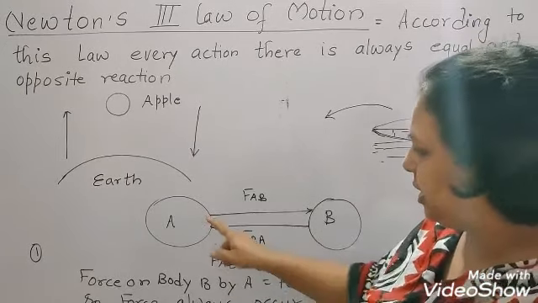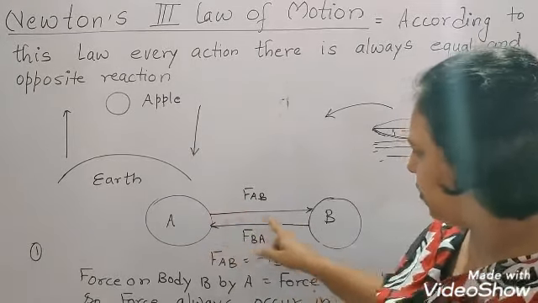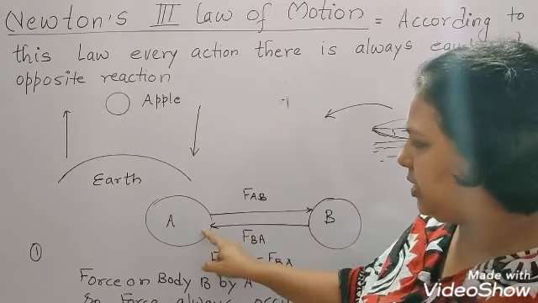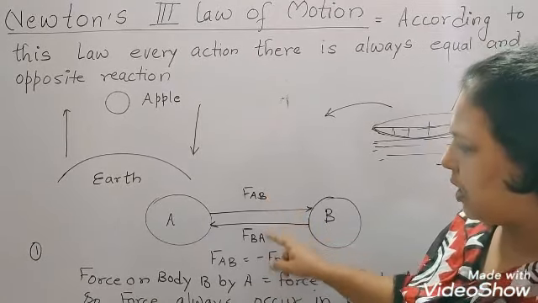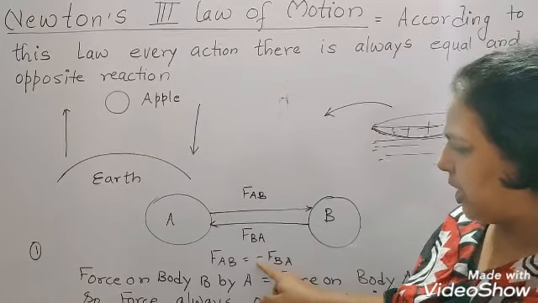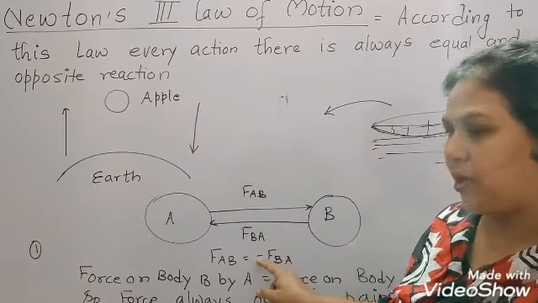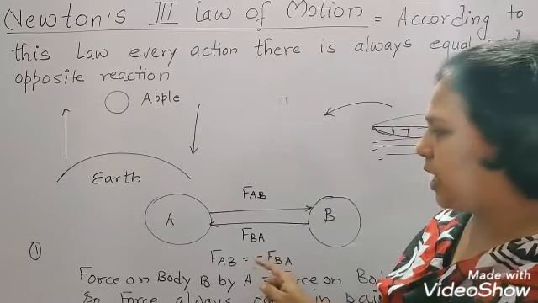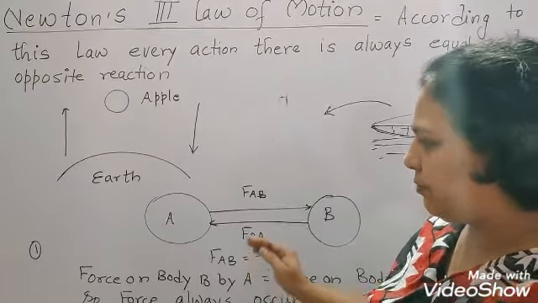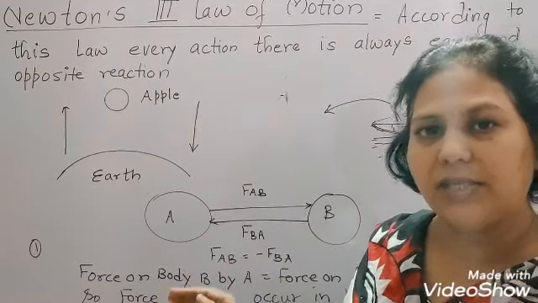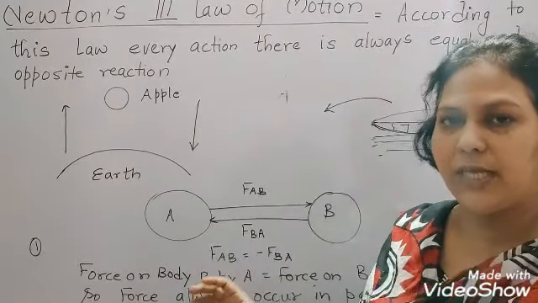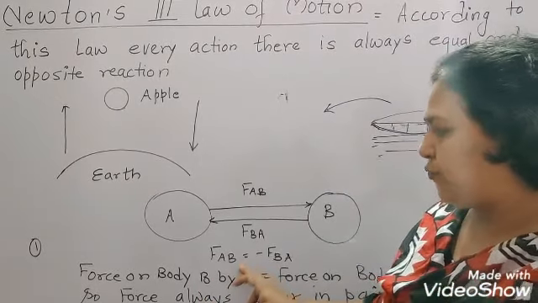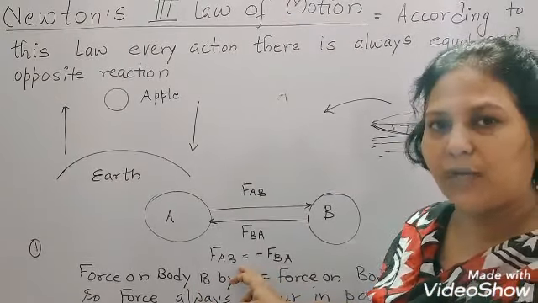You can see that FAB is working in this direction, so FBA is working in this direction, and both are equal in magnitude but opposite in direction. If one is action, the other is reaction. So the forces always occur in pairs. That is the first point that you have to be clear about.